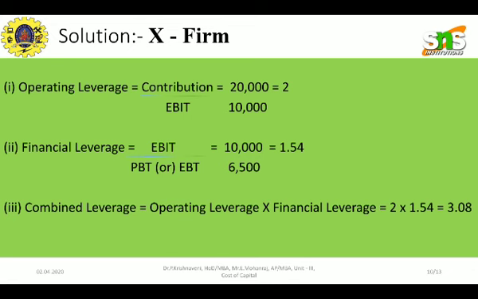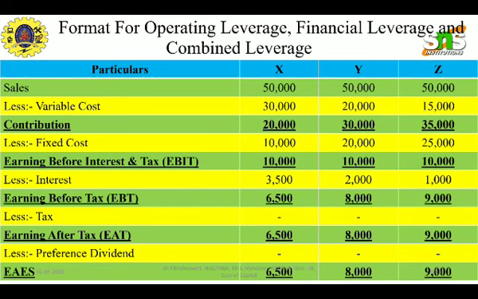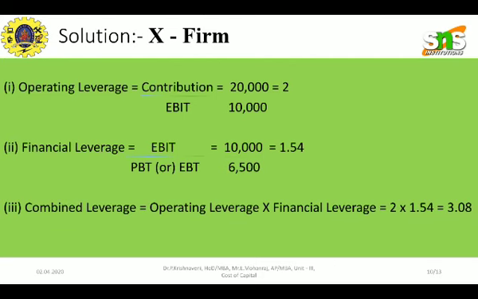EBT is 6,500 for X. 10,000 divided by 6,500, you get the value 1.54. Then combined leverage is equal to operating leverage into financial leverage, 2 into 1.54. The value is 3.08. That is for X.